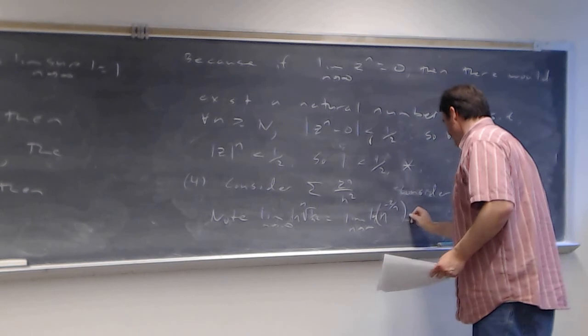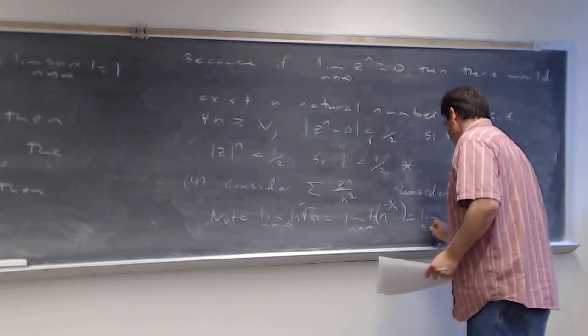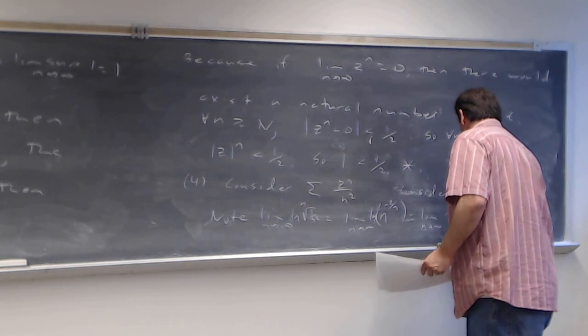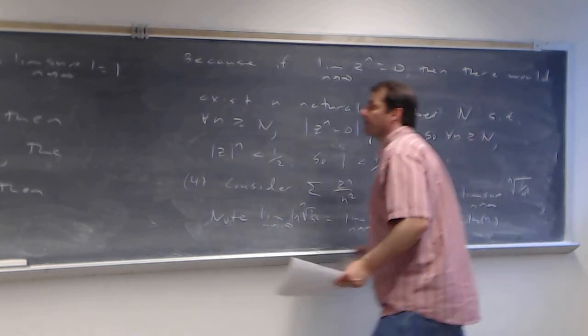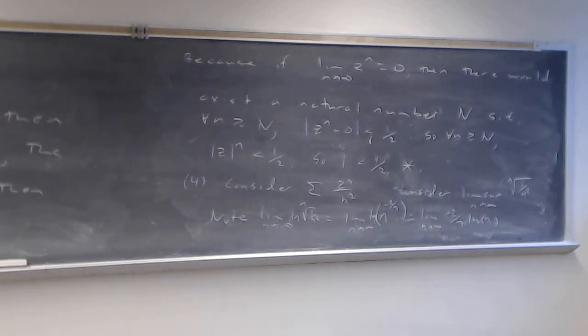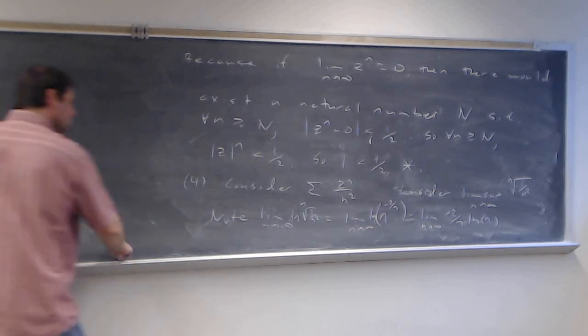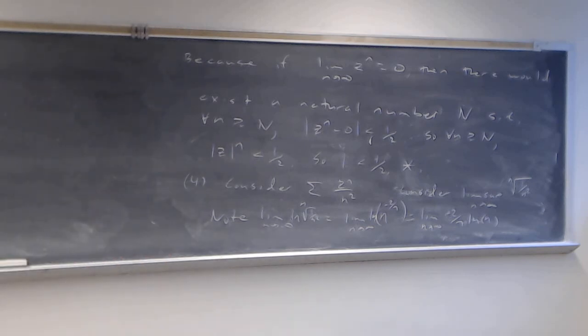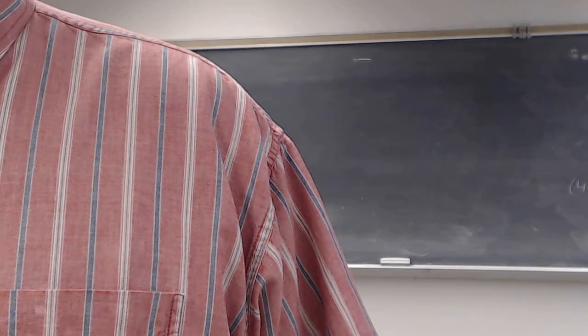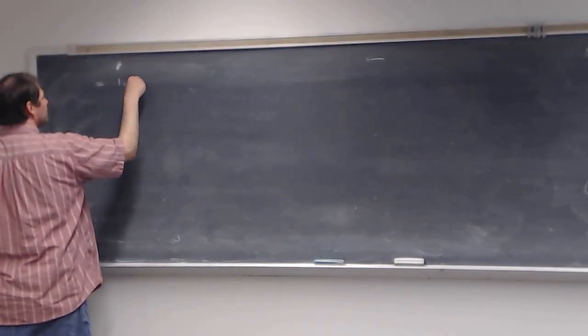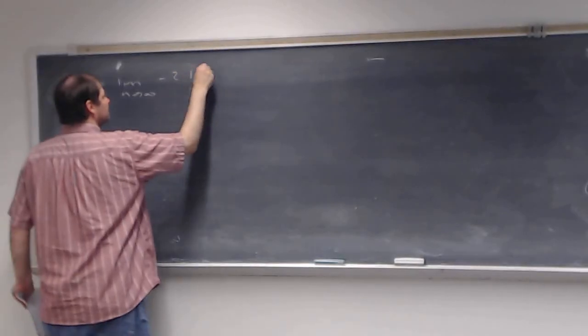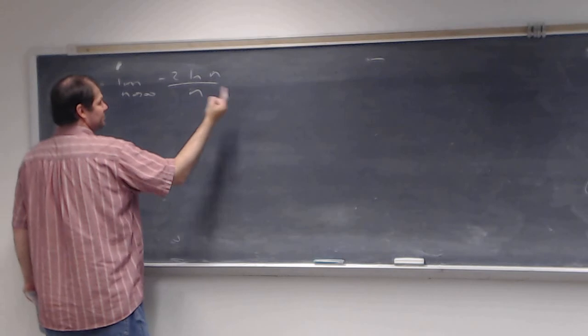Now, that's going to be equal to, by rules of logarithm, the limit as n goes to infinity of minus 2 over n times ln of n, which is the limit as n goes to infinity of minus 2 times ln of n over n.